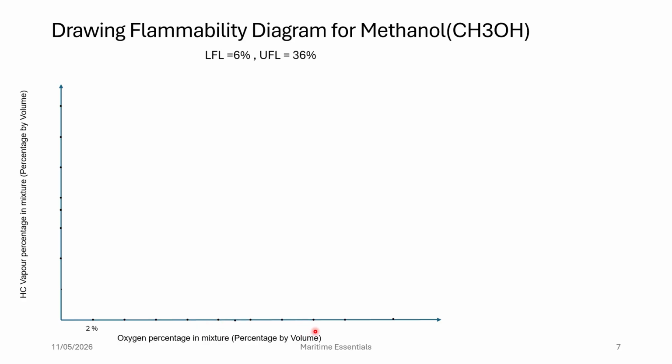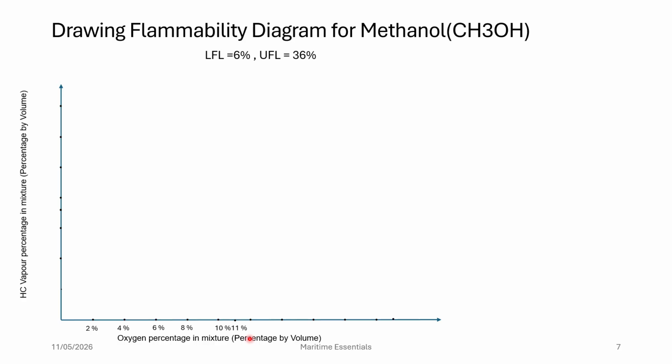In that way we mark different points on the x-axis, then we give the percentages: 2%, 4%, 6%, 8%, 10%. Then we give 11%. Why 11%? Because this is a vital value of oxygen to support the combustion.